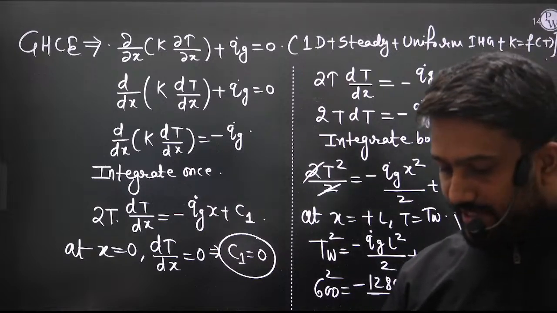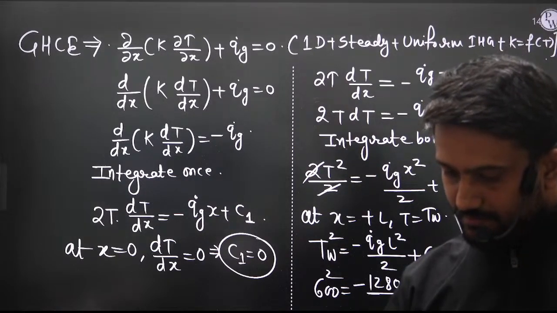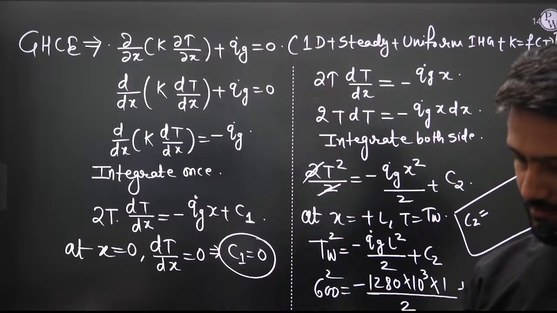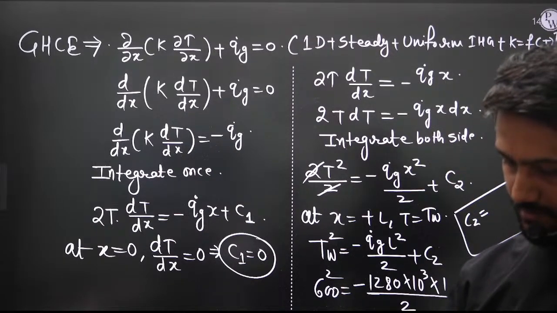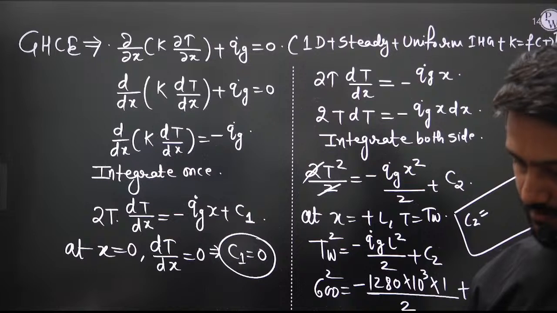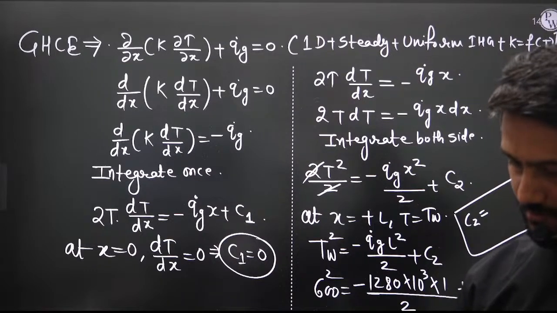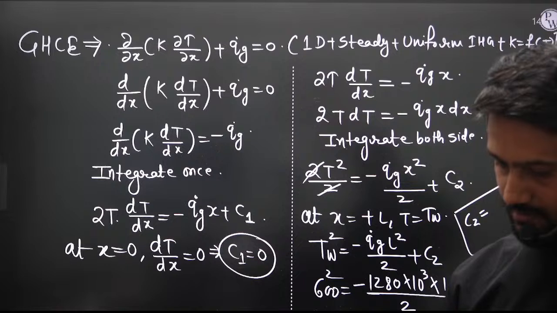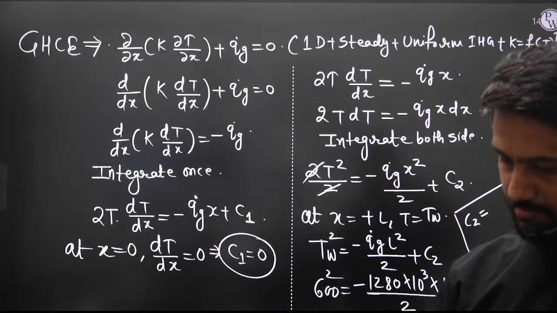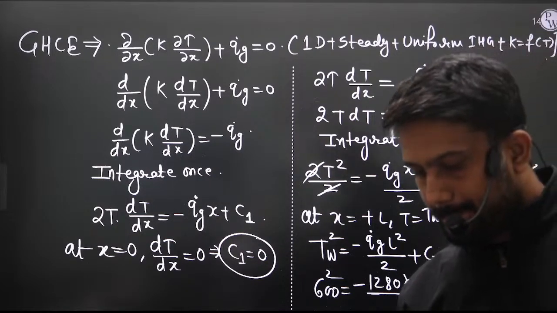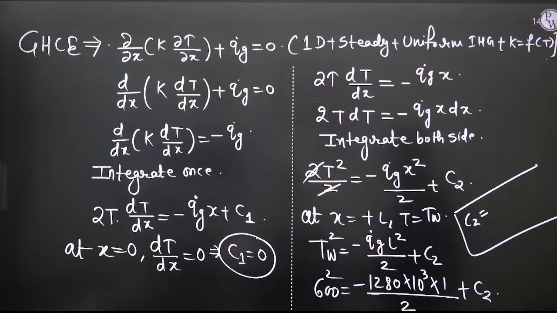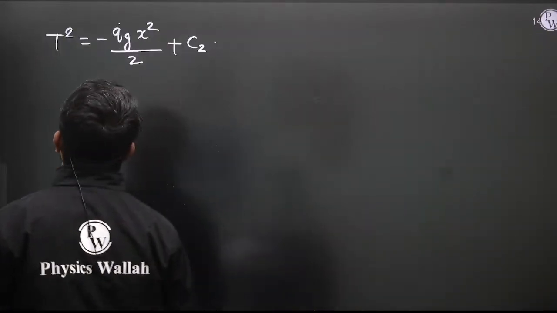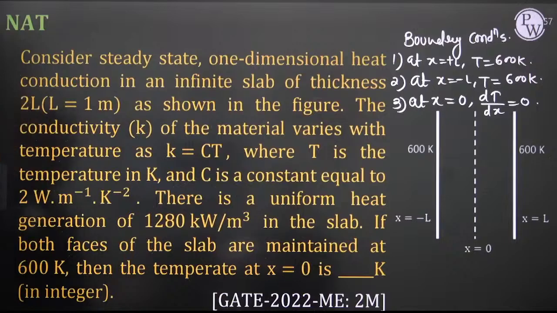Now tell me what is C2? And once you know the C2, you can calculate the temperature at x is equal to 0.